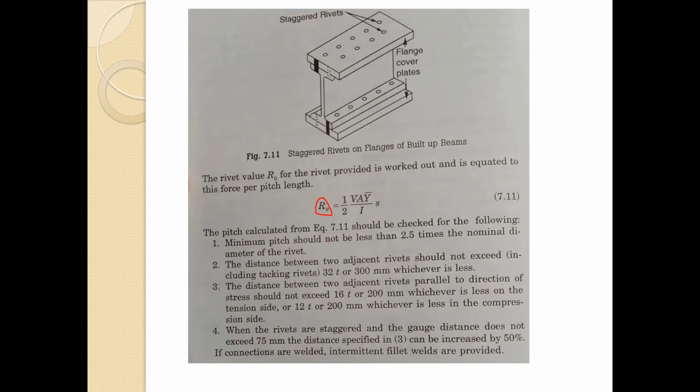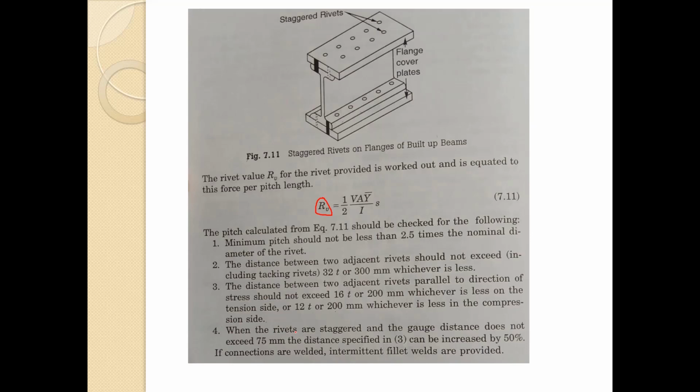The minimum pitch should not be less than 2.5 times the nominal diameter of the rivet. As we know, the distance between two adjacent rivets should not exceed 32t or 300 mm, whichever is less, including tacking rivets. The distance between two adjacent rivets parallel to the direction of the stresses should not exceed 16t or 200 mm, whichever is less, on the tension side, or 12t or 200 mm, whichever is less, on the compression side.